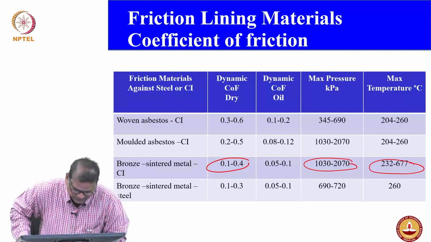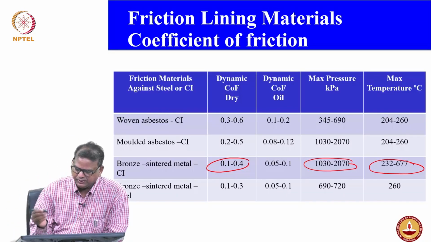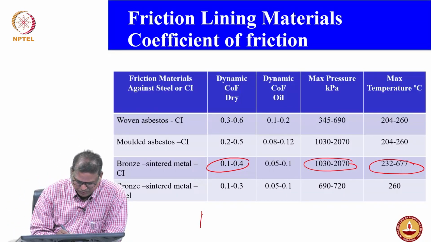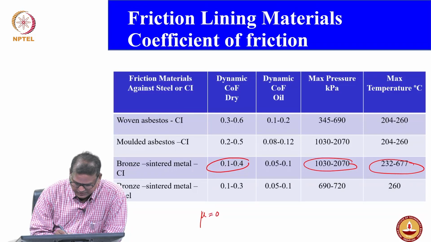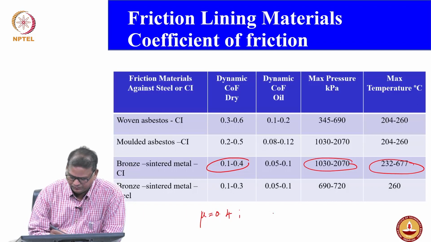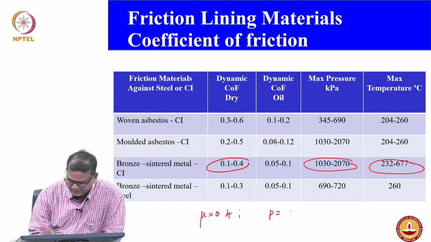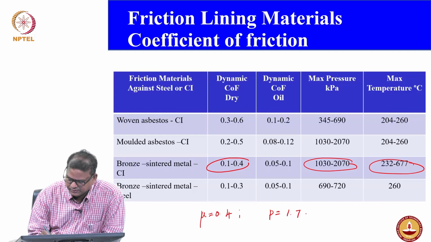Since it is a single disc, dry would be good, and we have chosen mu equal to a maximum of 0.4. You can choose depending on how you want to. The pressure we have chosen as 1.7 into 10 power 6 Pascal or Newton per meter square.